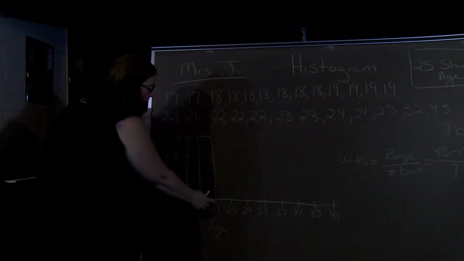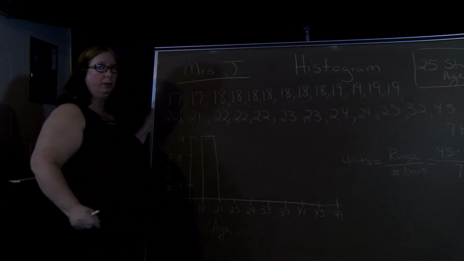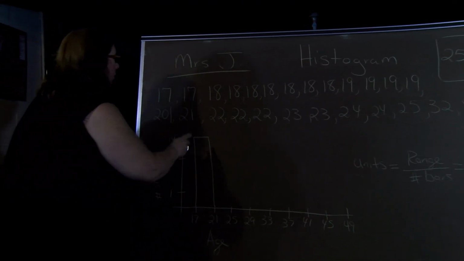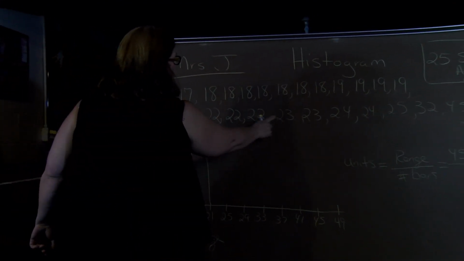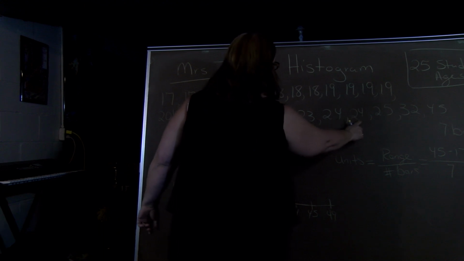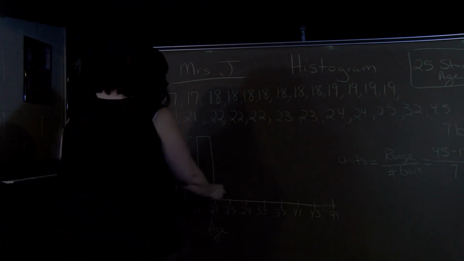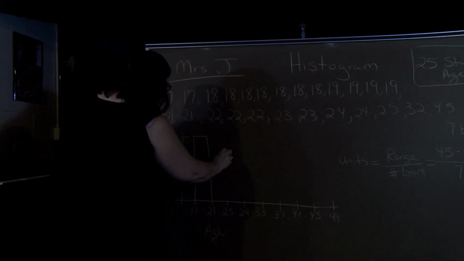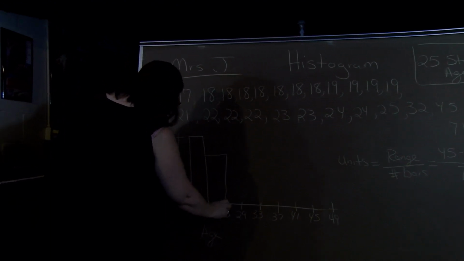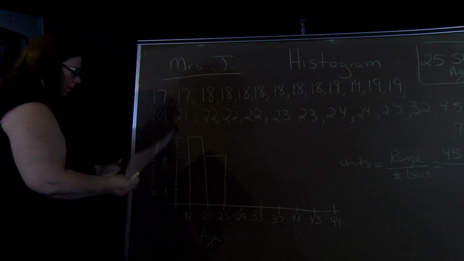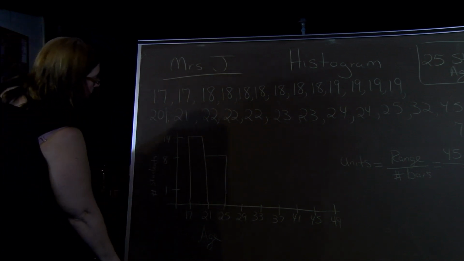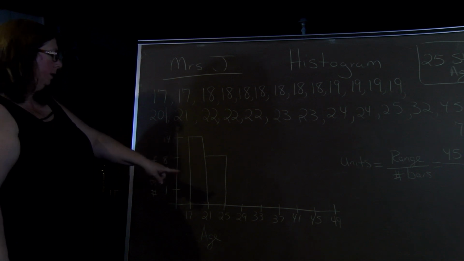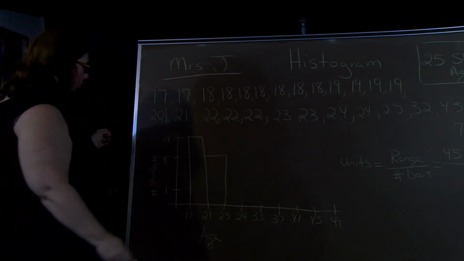Now 21 up to 25 but not including. So we're going from 21 through 24. 1, 2, 3, 4, 5, 6, 7, 8. And then 25 up to 28, which is only 1.